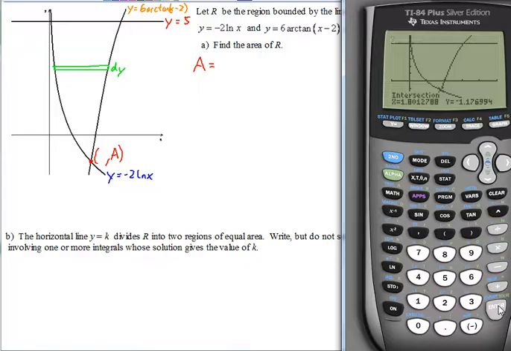But be careful here. What we're interested in this time for A is not the x coordinate like we usually are, but the y coordinate, since we're using a horizontal rectangle with everything with dy. So it would be negative 1.176994.